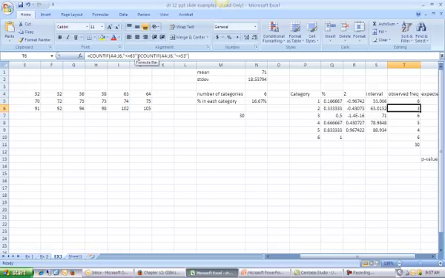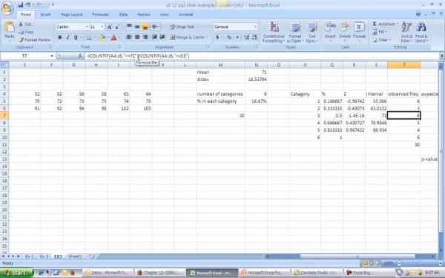Then for all intermediate interval values, it's count if it's less than or equal to that intermediate value minus count if less than your previous value, okay? Because you want to subtract off the interval that you've already calculated.